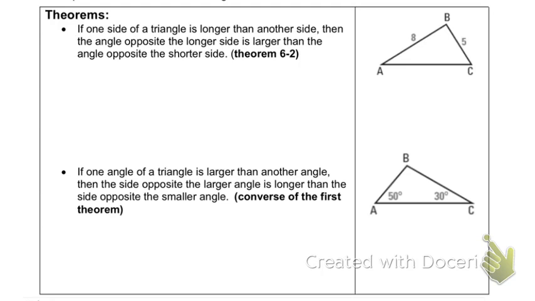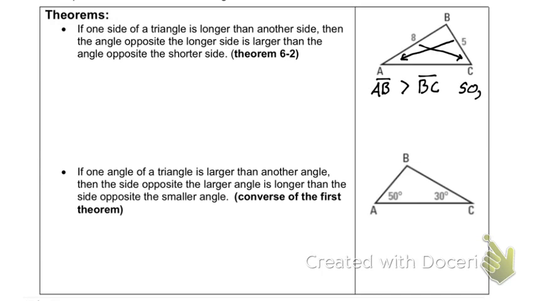If I have one length longer than the other length, so we currently have length AB is bigger than length BC, then based upon this theorem, since AB is longer than BC, the angle opposite AB must be bigger than the angle opposite side BC.